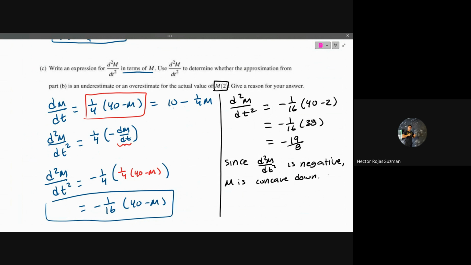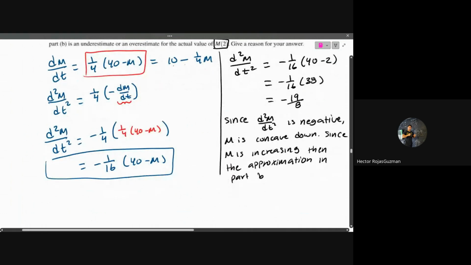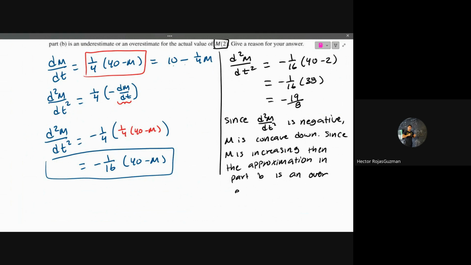And because m is also increasing, then the approximation that we did in part B, it takes me a while to write, is an overestimate.